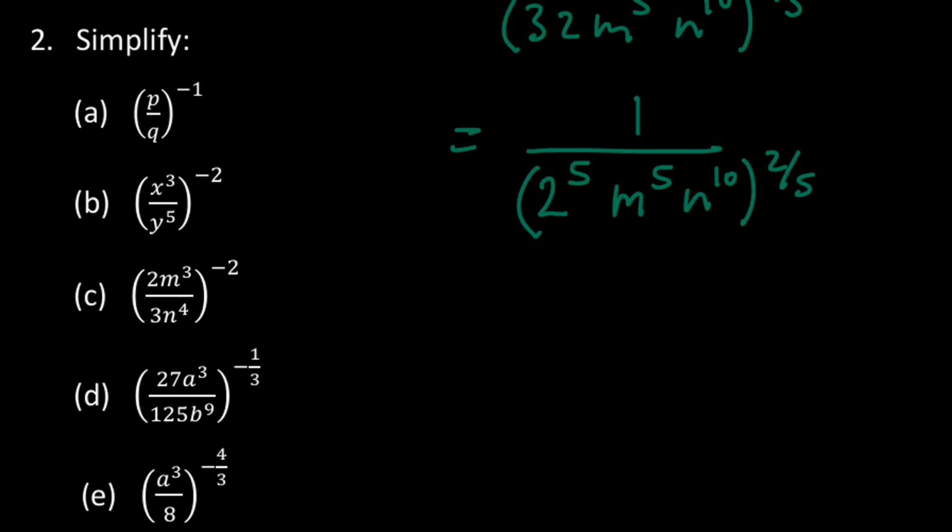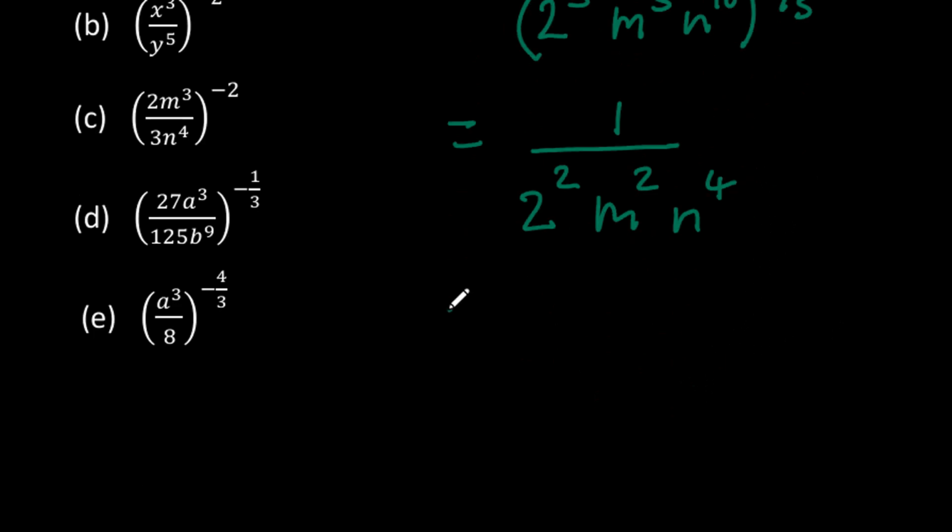We have brackets, and that means we must multiply the powers. So 5 times 2/5 will give us 2, and we'll have 2 as well as a power of m. And then 10 times 2/5 is 4. Now we can simplify further. 2 squared is 4, so it's 4m squared n to the power 4.